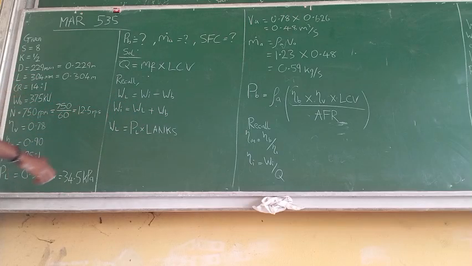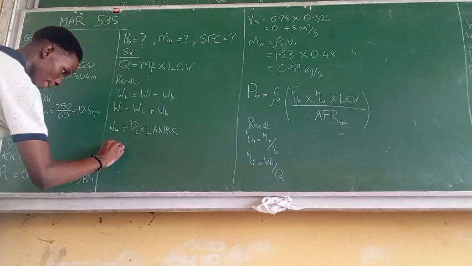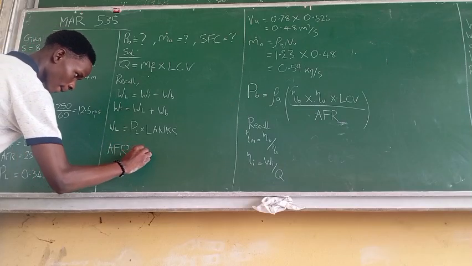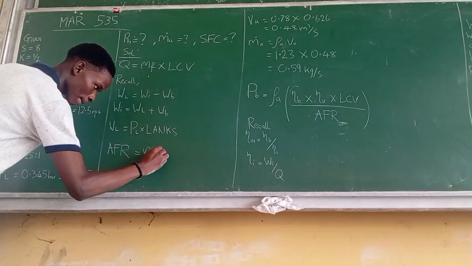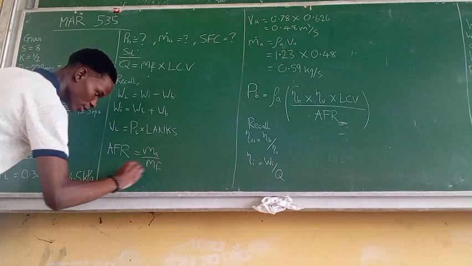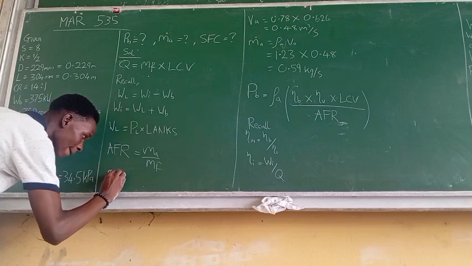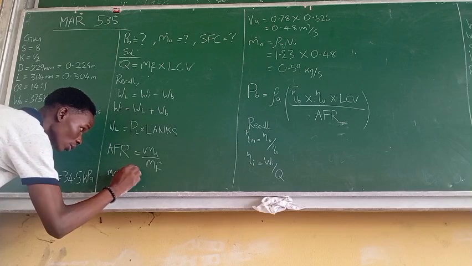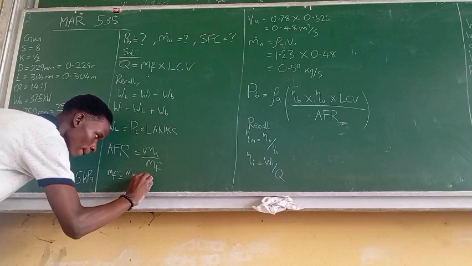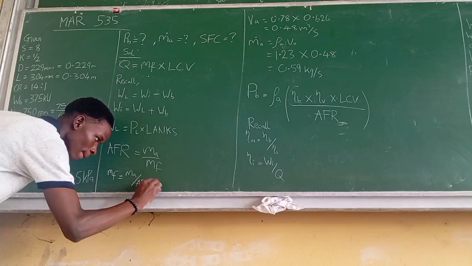We use our F4 ratio, which is equal to MA over MF. MF subject to the formula, MF is equal to MA over the F4 ratio.